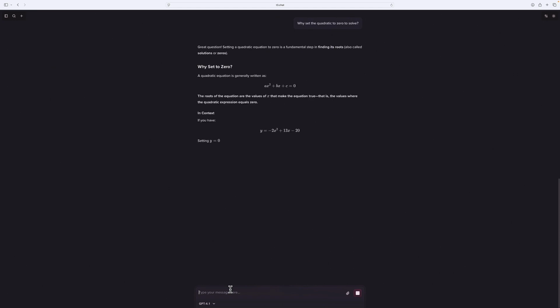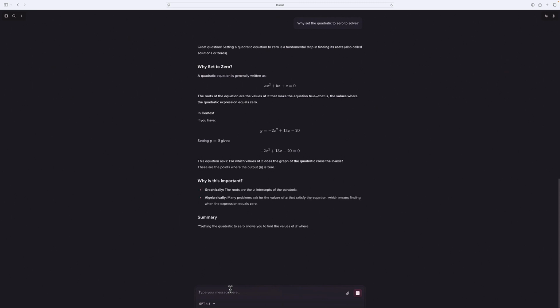Great question. Setting the quadratic equation to 0 is a fundamental step in finding the roots, also called the solutions. Why set to 0? A quadratic equation is generally written as ax squared plus bx plus c equals 0. The roots of the equations are the values of x that make the equation true, that is, the values where the quadratic expression equals 0.